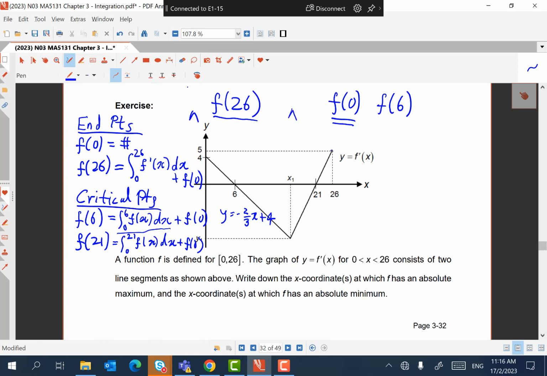Now compare f21 and f26: who is bigger? f26 is bigger, so therefore f21 sits here. Based on these four values, the endpoints and the critical values, I will know that the absolute maximum occurs at x equals 6, and the absolute minimum is at x equals 21. That's how you judge.